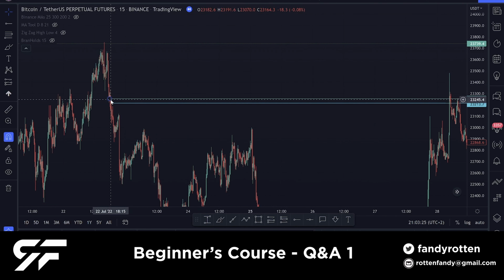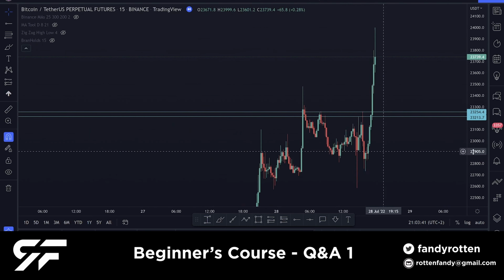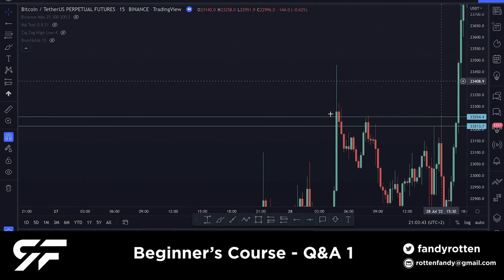However, base, on the other hand, it's a whole level from the past that has been touched multiple times and failed to have a close above it. And once it has a hard close above it, it has that reaction, right? So over here, you see how its base is acting a lot more solidly as resistance.